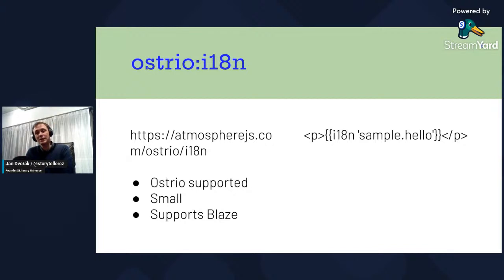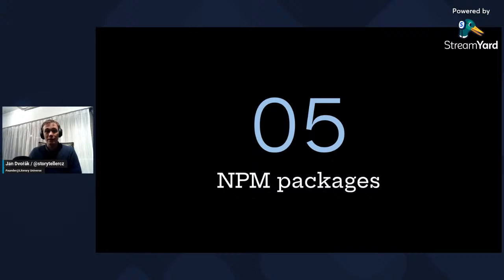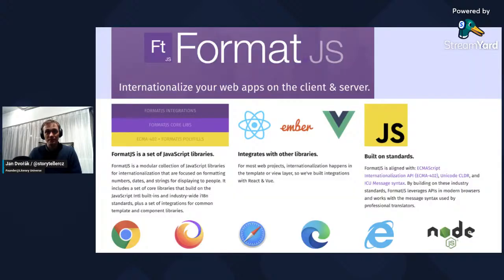Sadly for me, none of them supported message syntax, and I am using React, so I had to take a look at npm packages. First of all, there is format.js, which has React, Ember, and Vue packages. So there's Vue Intl, React Intl, and so on.